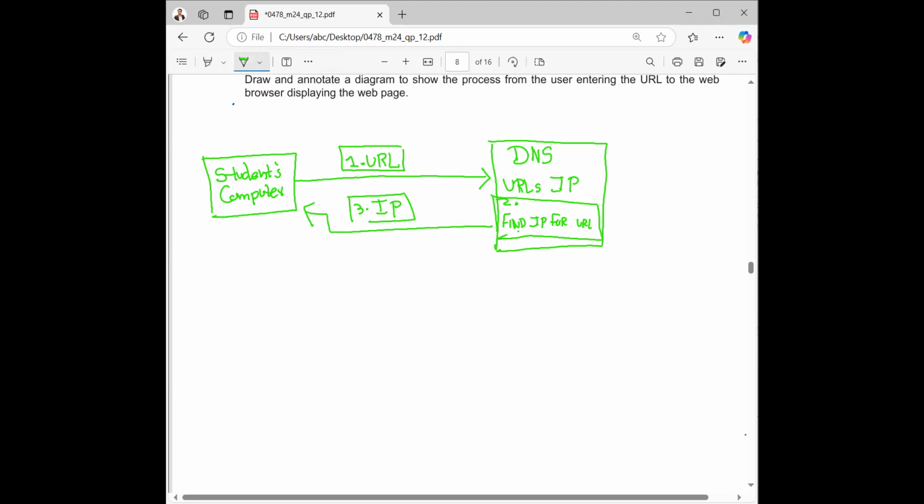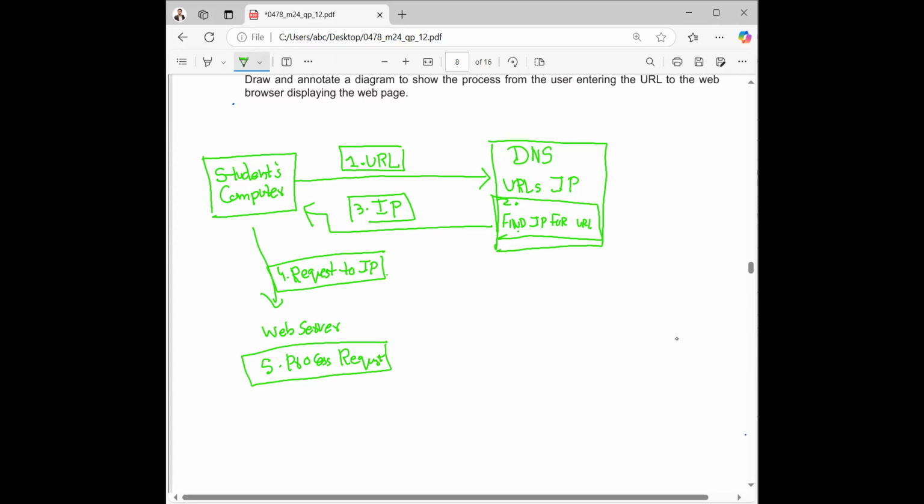Now, with this IP address, the user is going to send a request to the IP address, the web server, and the web server is going to process the request.